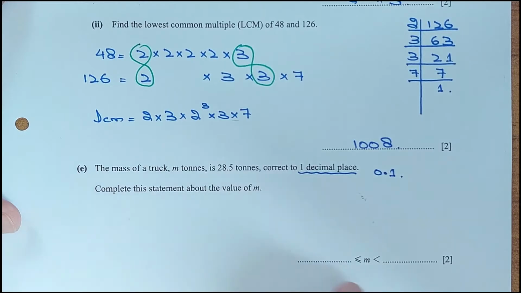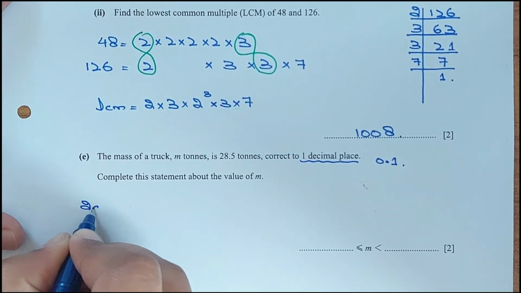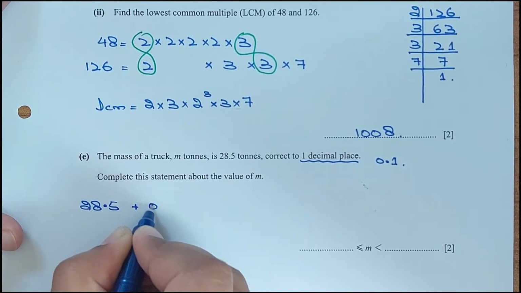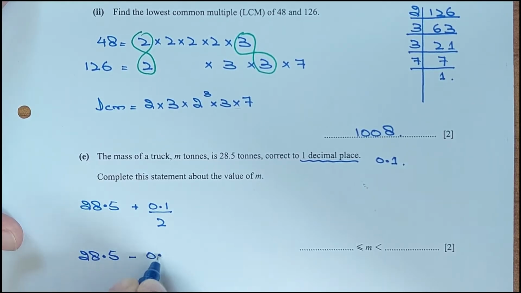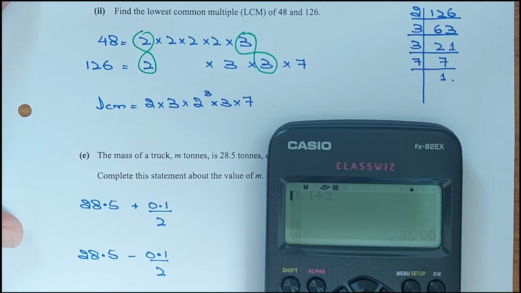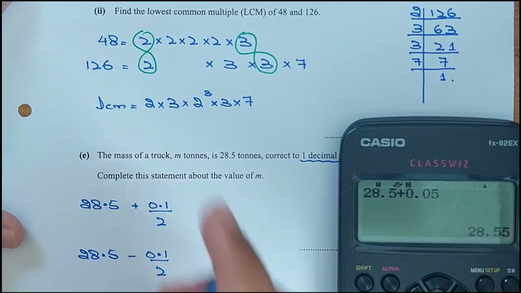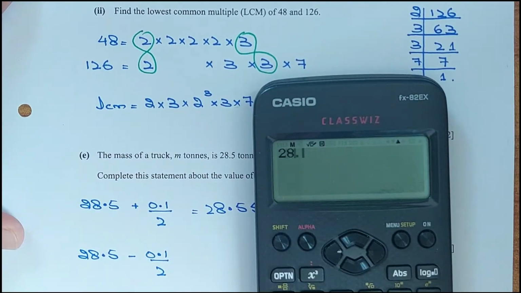Complete this statement about the value of M. We have to calculate the lower and upper bounds. So we add 0.1 divided by 2 to 28.5, and subtract 0.1 divided by 2 from 28.5. 0.1 divided by 2 is 0.05. 28.5 plus 0.05 is 28.55, and 28.5 minus 0.05 is 28.45.